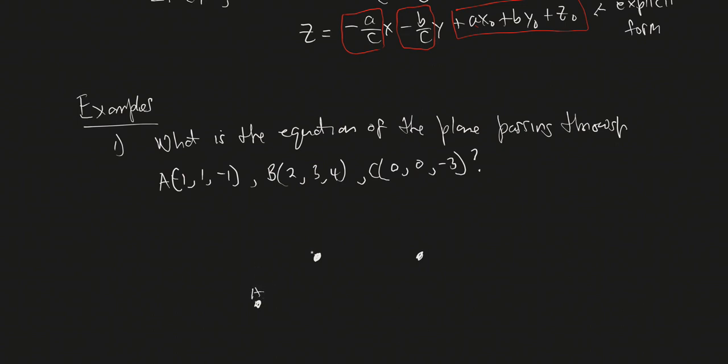Let me label these A, B, C. Let's say this is just a portion of the plane, but it extends indefinitely that way, that way, that way. So this is like that flat surface, but again, I'm just drawing a small portion of it.